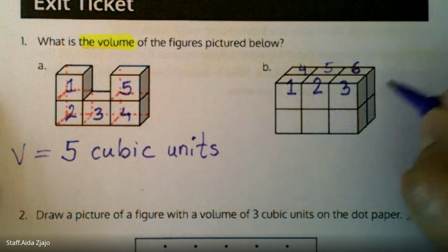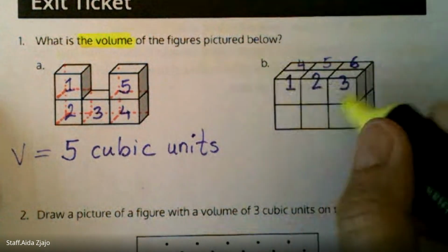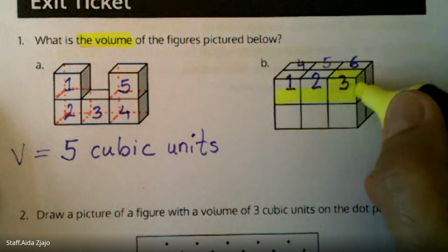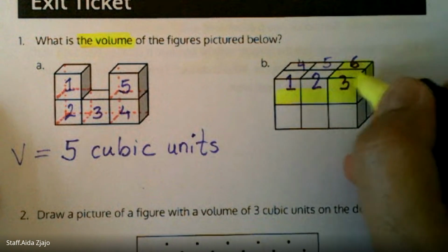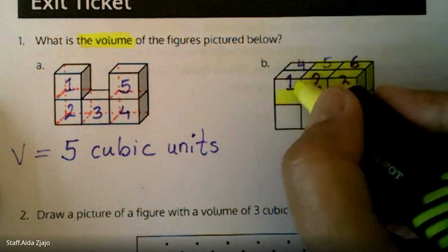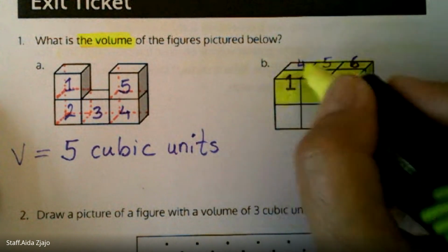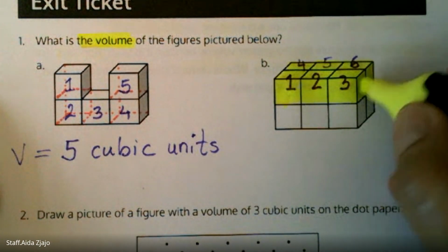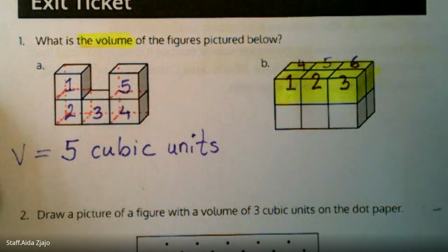So I have this first layer, one cube, then the next one, and the next one is right here, and the next one is here. This one is one more, and all together is 6. So this is the first layer.